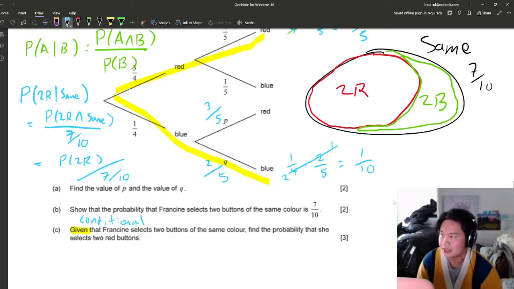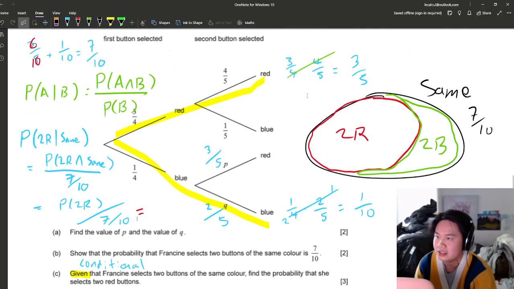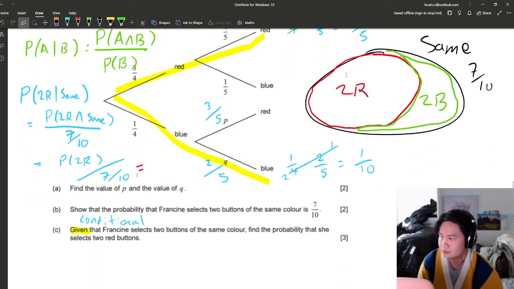With that being said, we do know the probability of having 2 red. We calculated it here. It was 3/5. So it's 3/5 over 7/10.